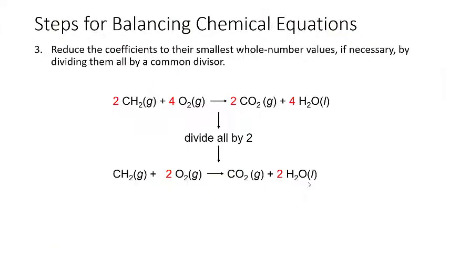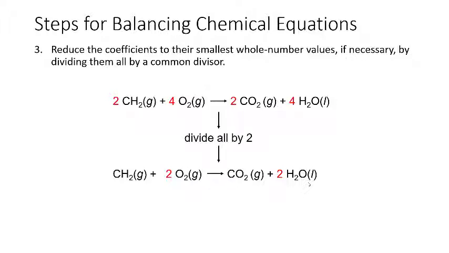Our step 3 now is to take a look at our numbers here and make sure that they are all balanced. And now, if necessary, we need to reduce the coefficients to their smallest whole number values by dividing all of the stoichiometric coefficients by their common divisor.